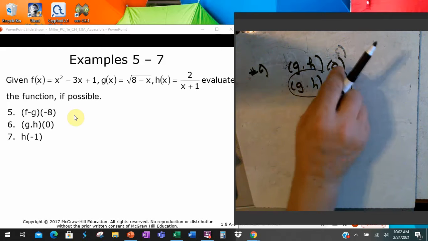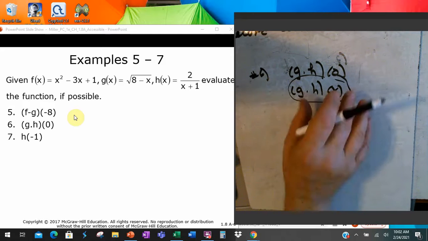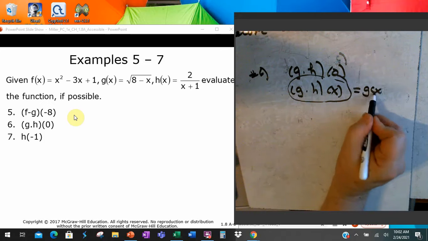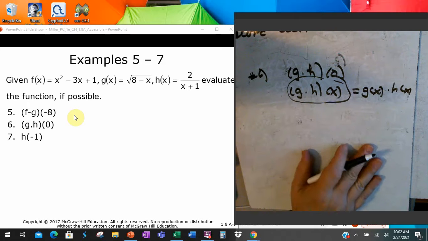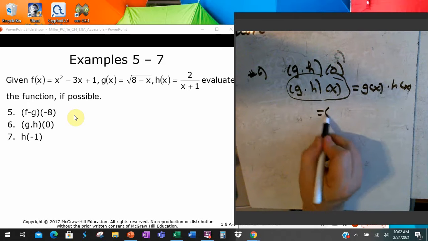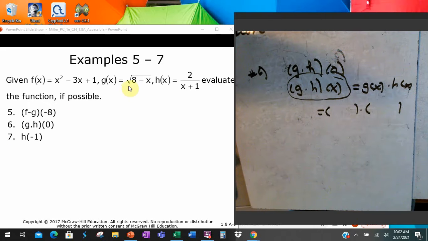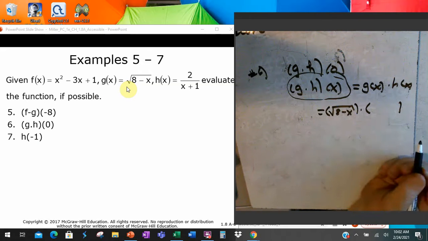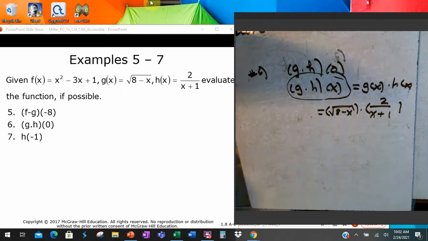I want to do this once and then put any number I want in there, and simplify as much as I can to save some work. G of x times h of x: my g of x is the square root of 8 minus x, and my h of x is 2 over x plus 1.